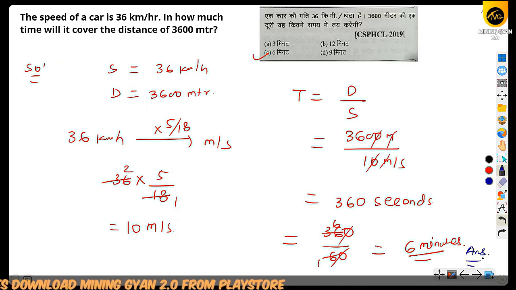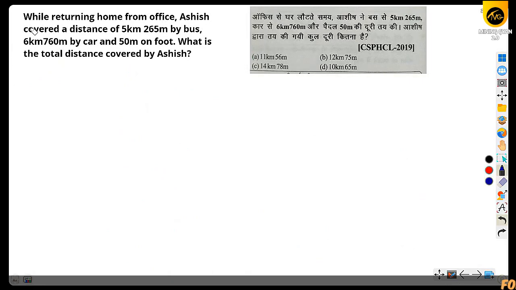So always remember we have to balance the units in the given data, whether it is speed and distance, or speed and time, or distance and time. Okay, let's move on.